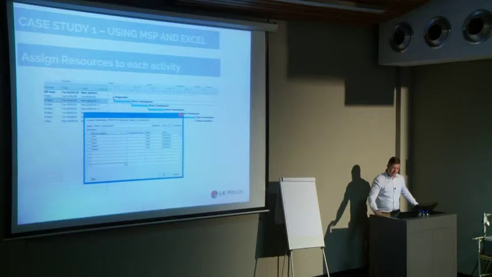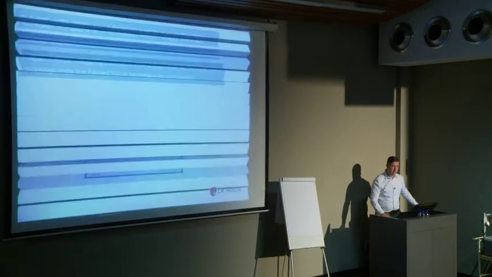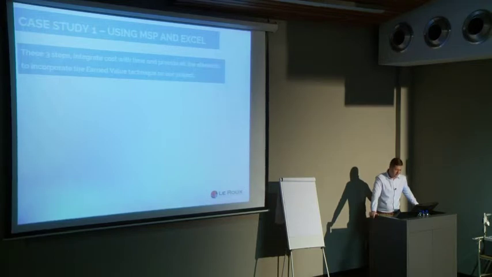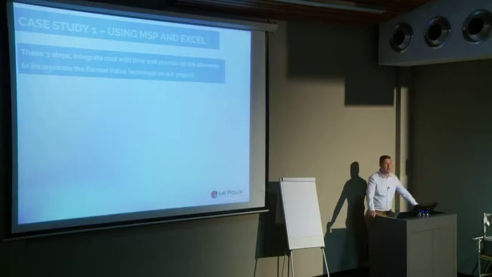Once we've done those 3 steps, we've actually now integrated cost with time, which is what we need for earned value. You agree? And we've got all the elements now in place for us to do an earned value management system. And you'll see how easy Project actually makes this for us. What are our objective measures in this instance?